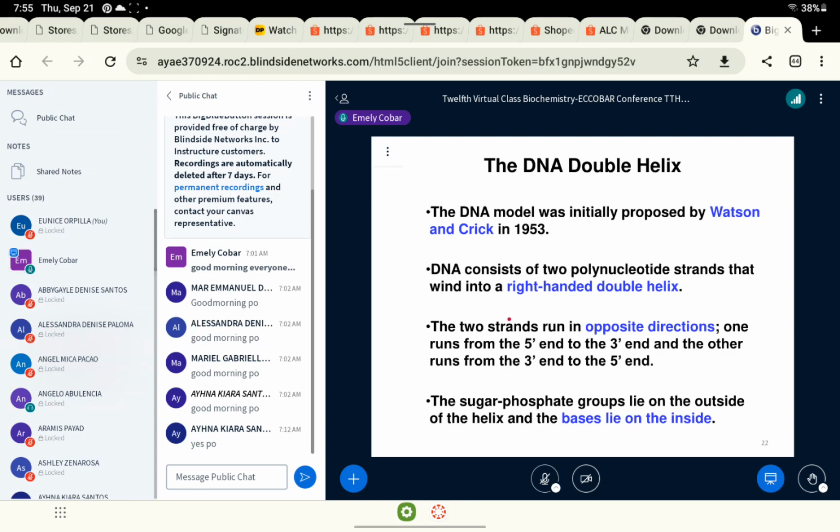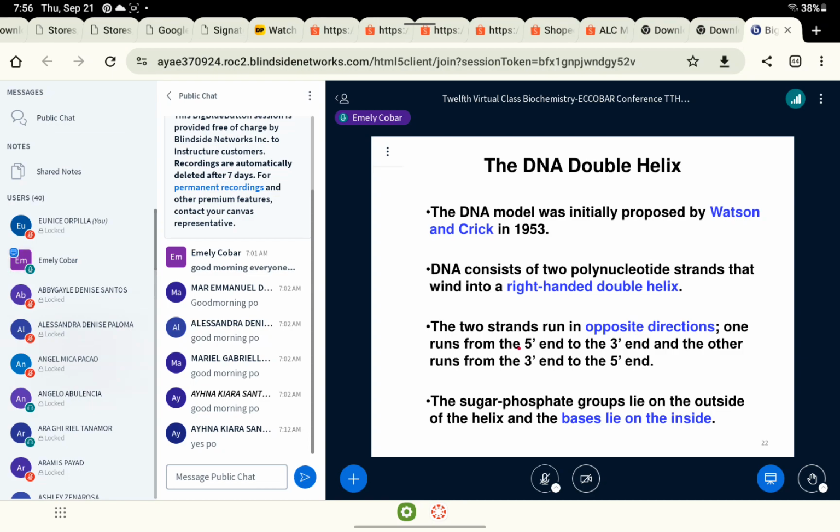So, the two strands run in opposite directions. Starting from the top, one strand runs from the 5' end to the 3' end. The other one, wrapped around it, runs from the top again from the 3' end to the 5' end. This way, class, the sugar phosphate groups, the backbone, are on the outside of the helix, and the bases lie on the inside.